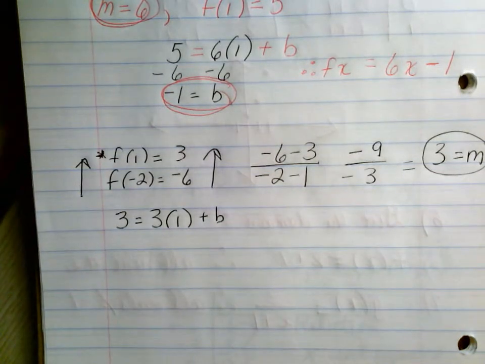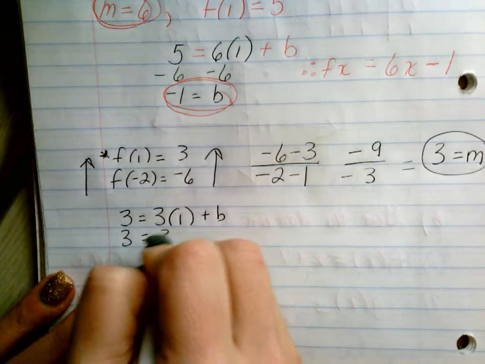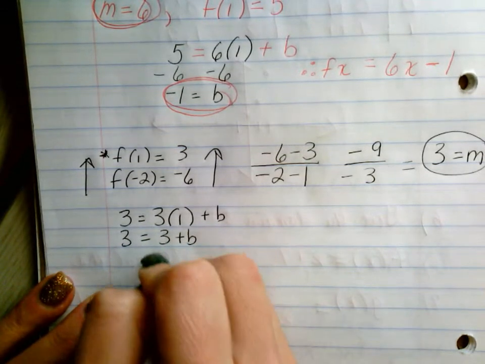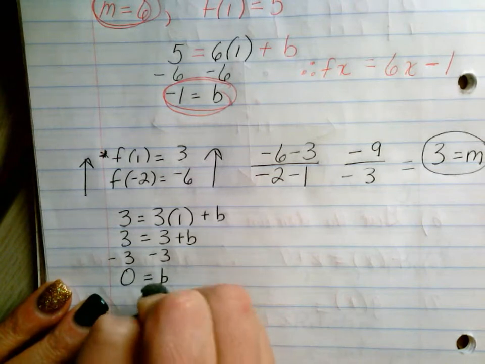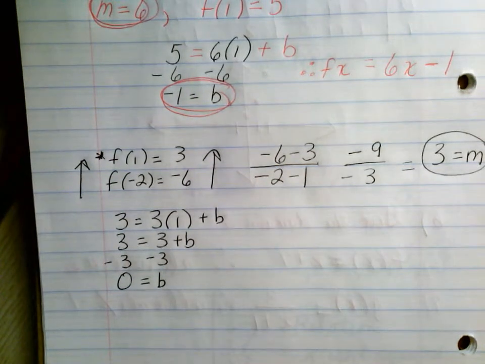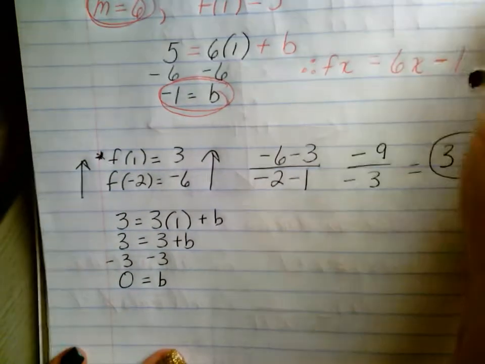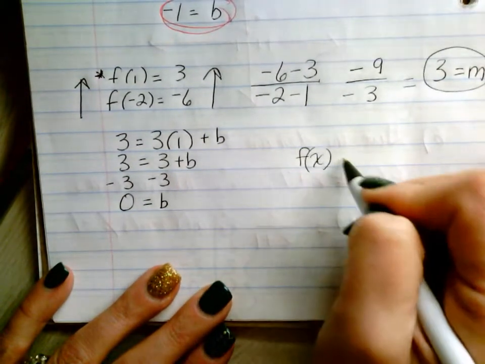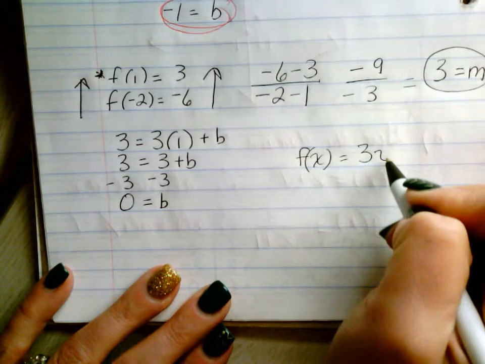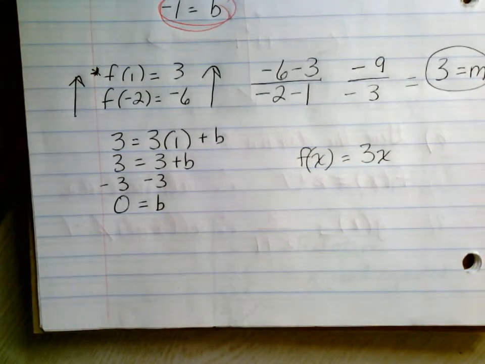Okay? 3 equals 3 plus b. Subtract 3 from both sides. 0 equals b. Okay? Therefore, my equation is f of x equals 3x plus 0. You don't have to write the plus 0.